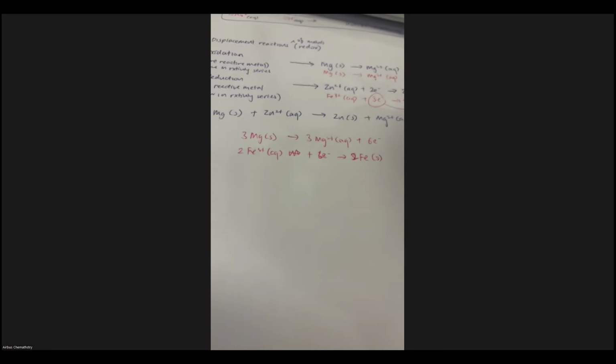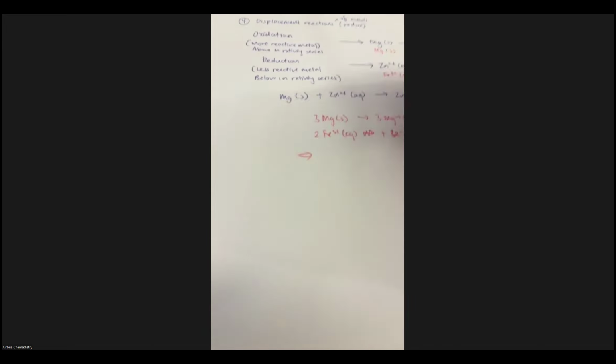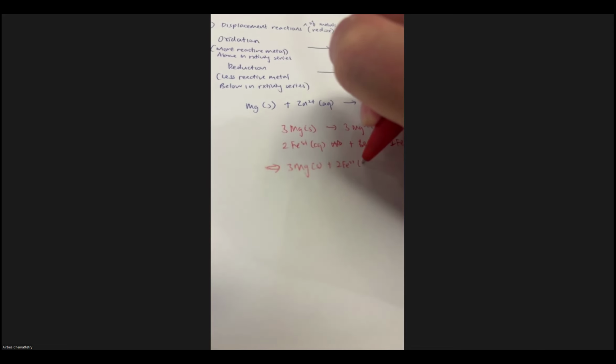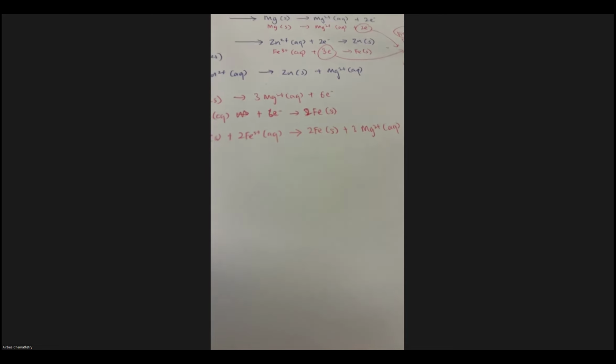Then combine them together: 3Mg solid plus 2Fe3+ gives 2Fe solid plus 3Mg2+.